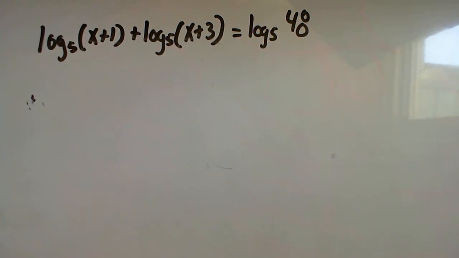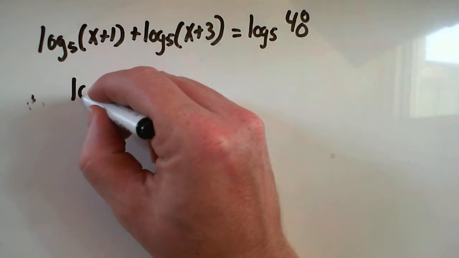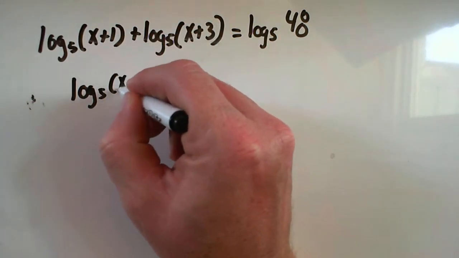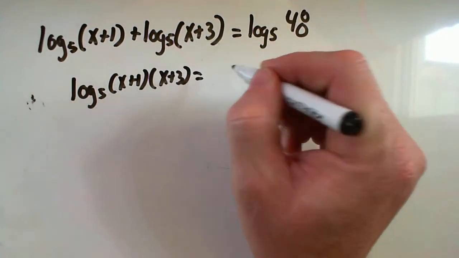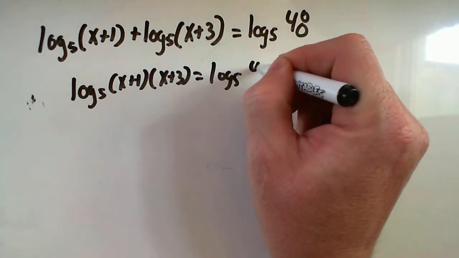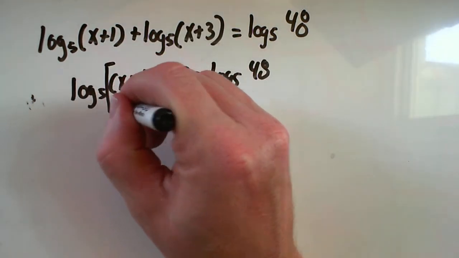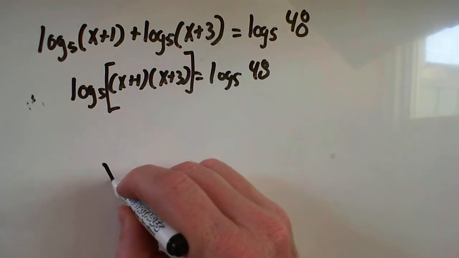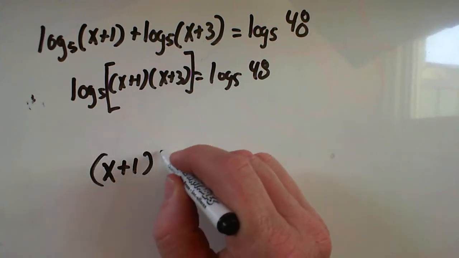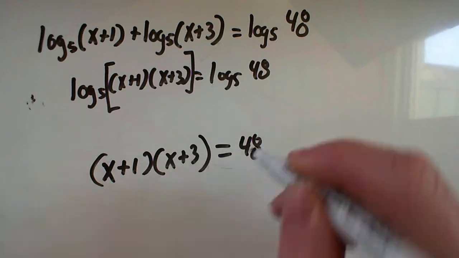Log base 5 of x plus 1 plus log base 5 of x plus 3 equals log base 5 of 48. We start off by combining these two. That gives us log base 5 of (x plus 1) times (x plus 3) equals log base 5 of 48. Since we have a single logarithm on both sides, we can now drop the logarithm and get that (x plus 1) times (x plus 3) equals 48.